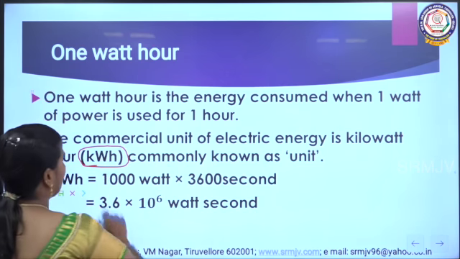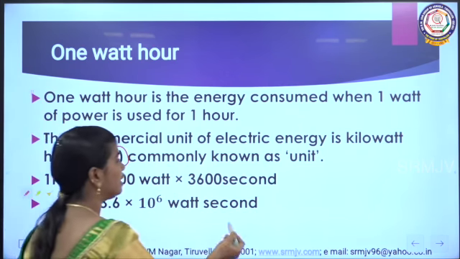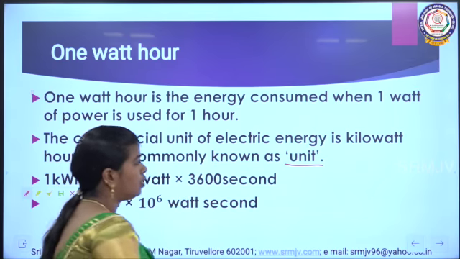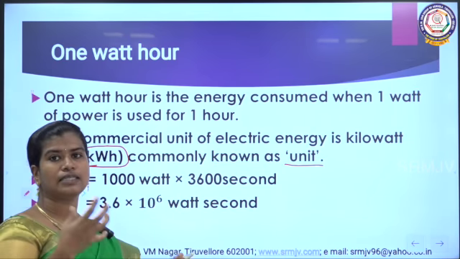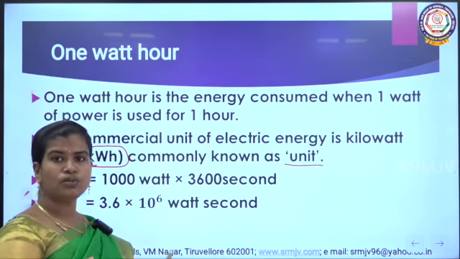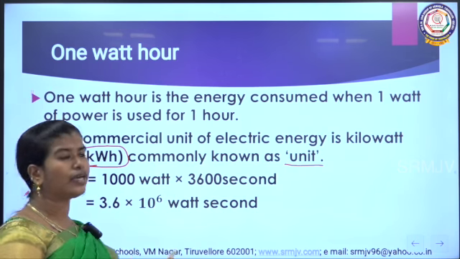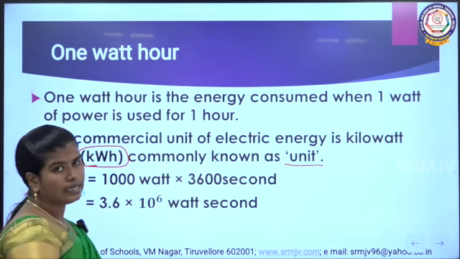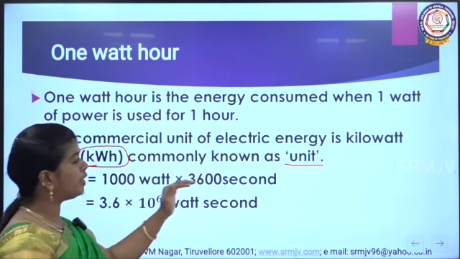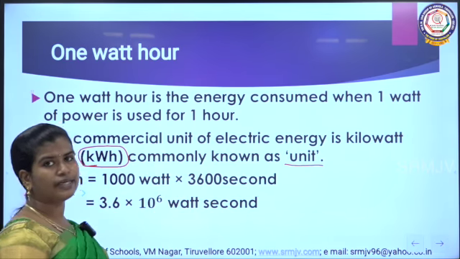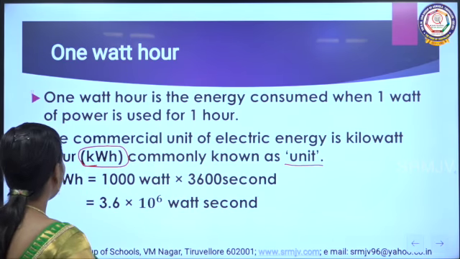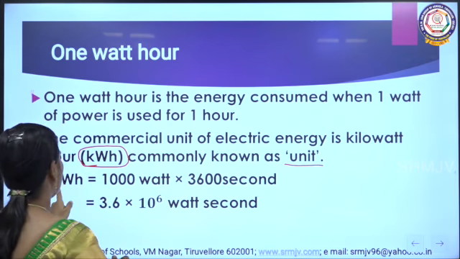The kilowatt hour is the commercial unit of electric energy. Generally we call it a unit. In our electricity bills, we see that these many units of current have been consumed. Actually that is nothing but the kilowatt hour, but commonly we say units.